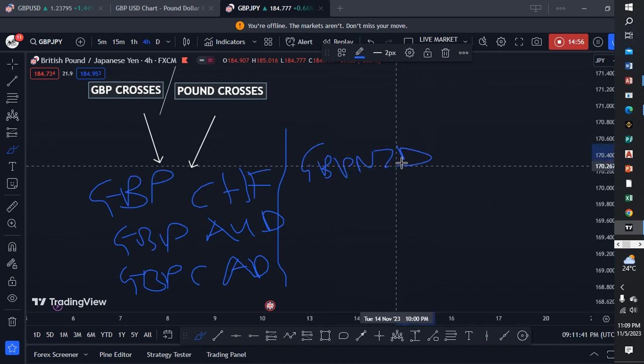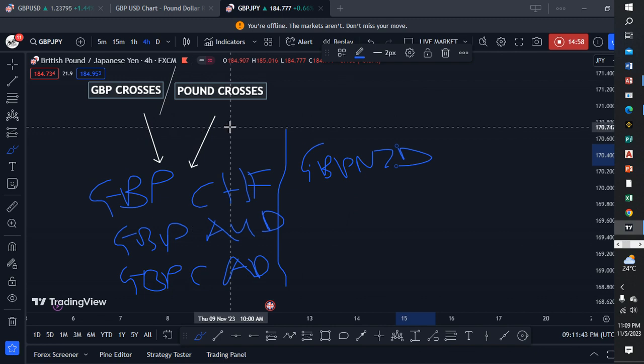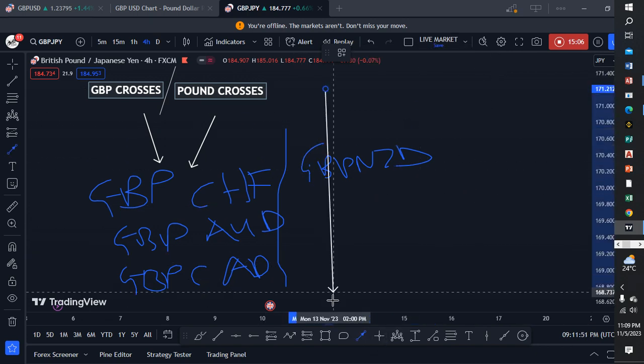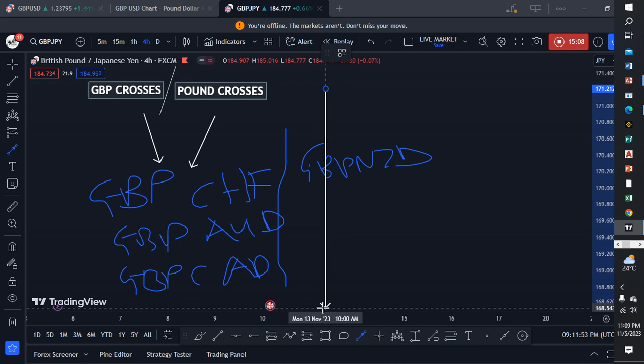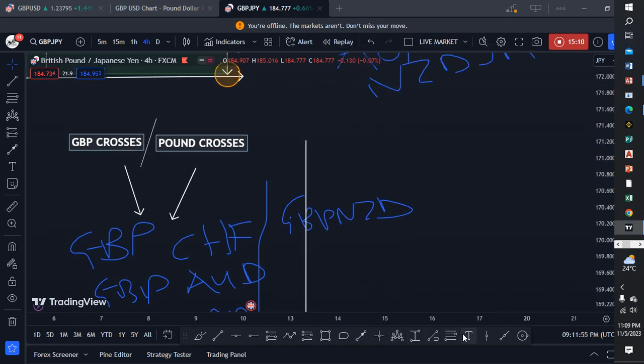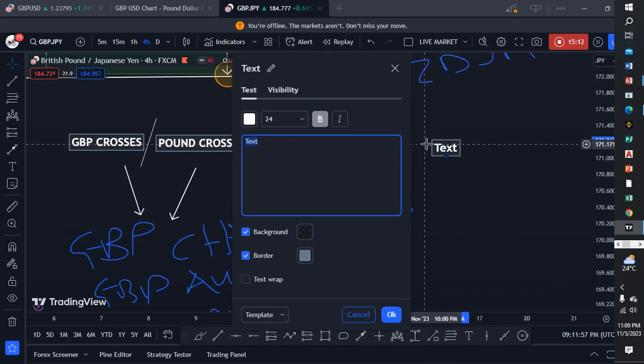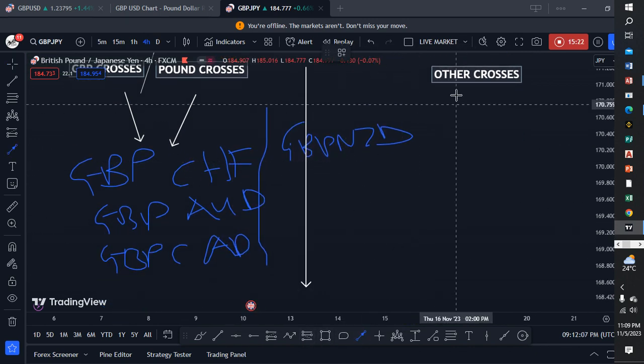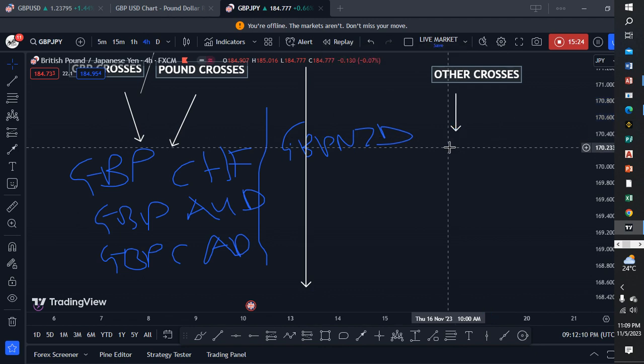These are examples of some of the pound crosses. And we also have other crosses.